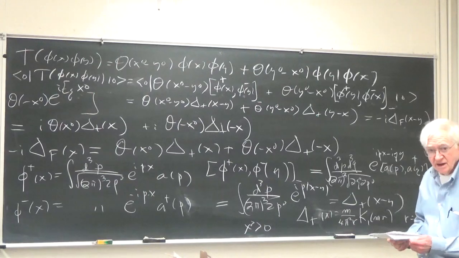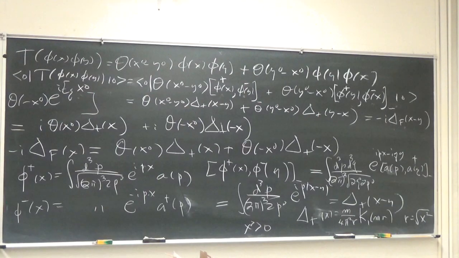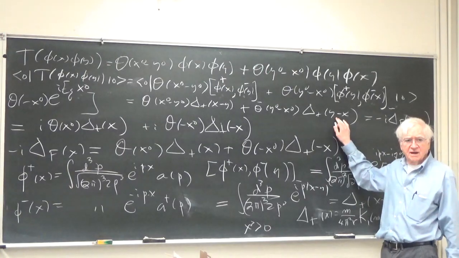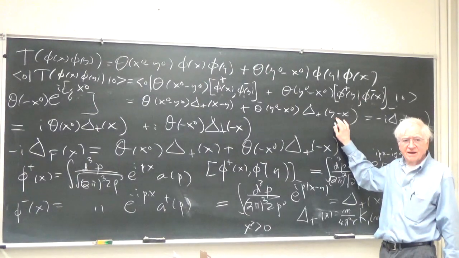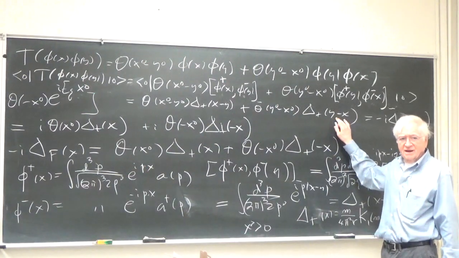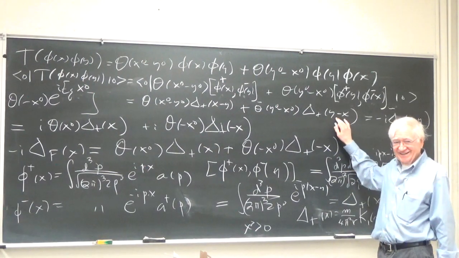But sorry, in this Delta plus of y minus x, if we flip the sign there, we change the plus to a minus. Like if instead of y minus x, we make it depend on x minus y, that changes it. I'm just comparing it to the expression that we have on my paper.